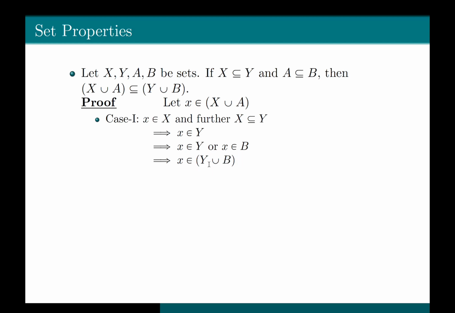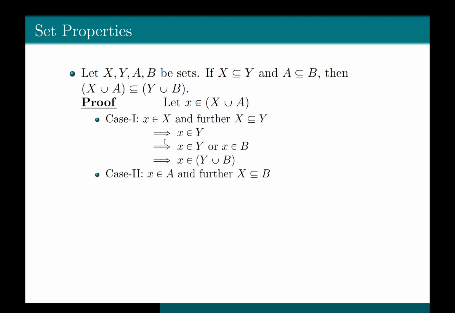You cannot say that the fourth implies the third statement, because this is not an if and only if condition. It is just the arrow on the right side. So that was the first case, which is when the element x belongs to X.